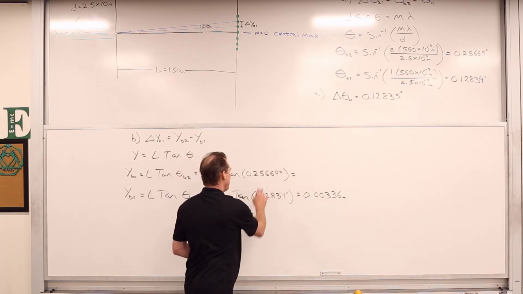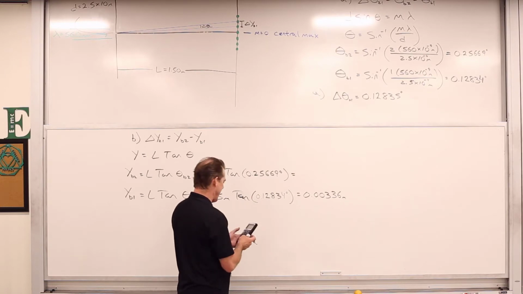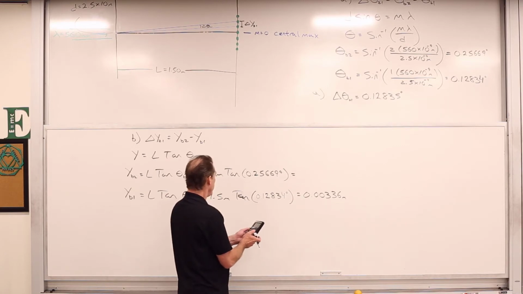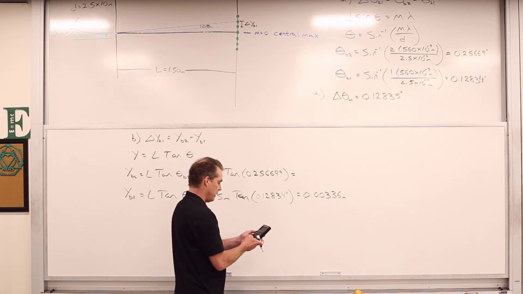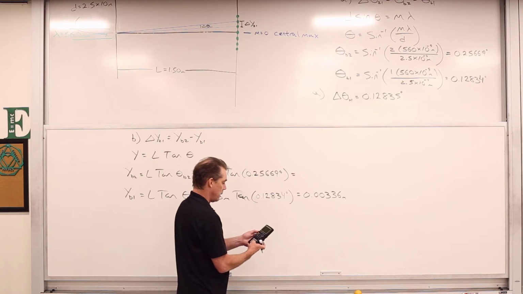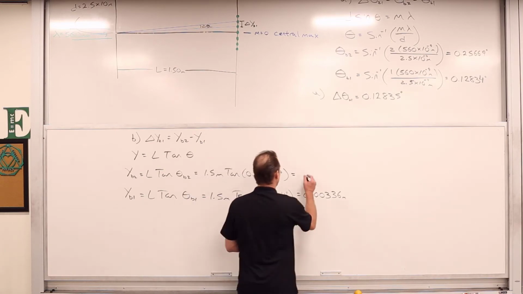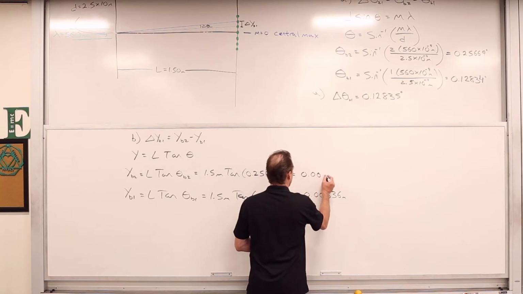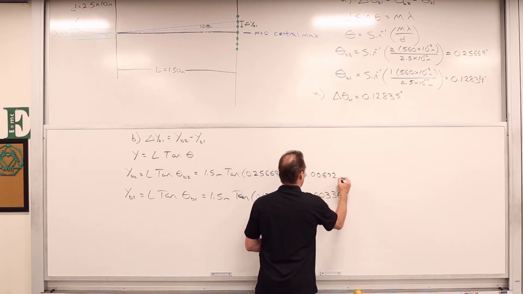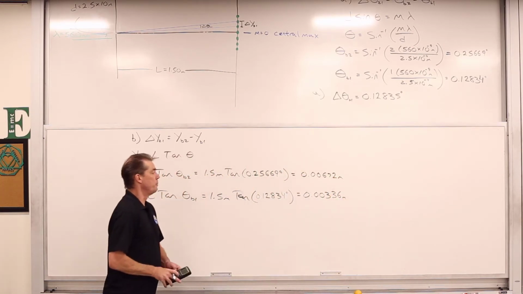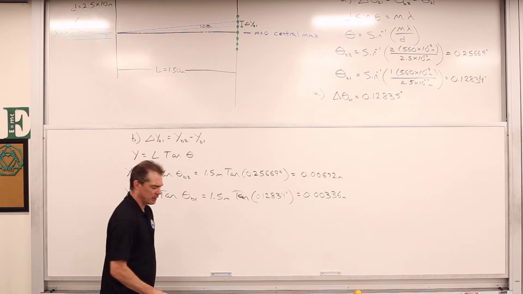That would be fine. Well, let's calculate what this one is and see what that is. I'll just go ahead and stick it in, 1.5 times the tangent of 0.25669, and we've got 0.00672, or 6.72 millimeters. Let's look at the difference between these.